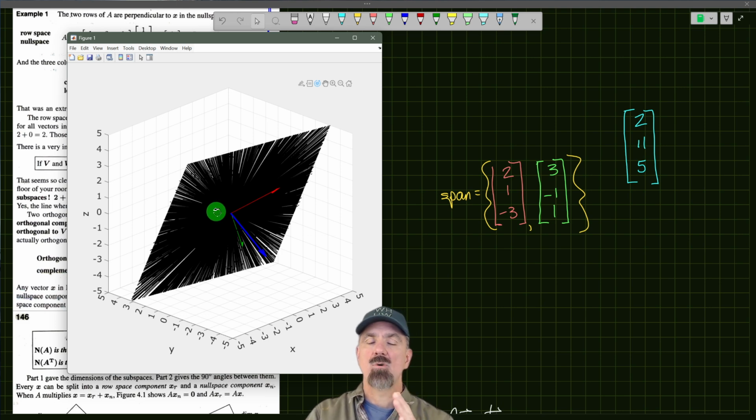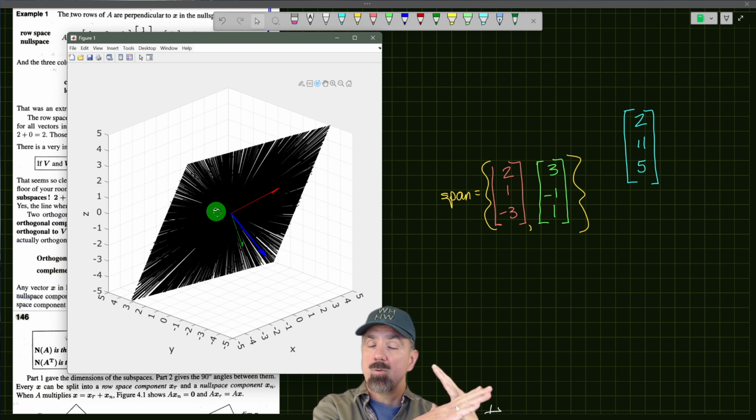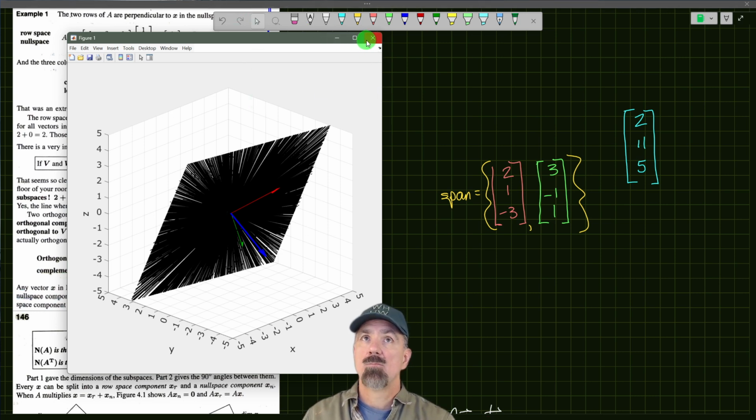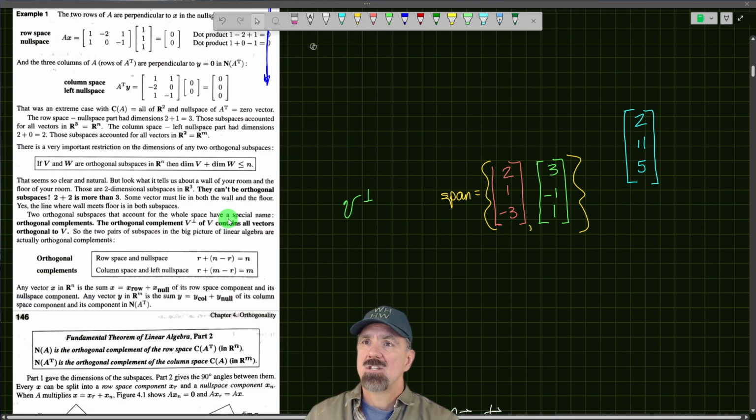We can't come up with another plane that fits in here and makes an orthogonal complement. Some of the vectors would be orthogonal, but not all the vectors. So we are actually limited to a one-dimensional orthogonal complement. We can't have anything more than that. That's one of the really important results that Strang talks about here: we are limited in the dimensionality of what we can have for these orthogonal complements.